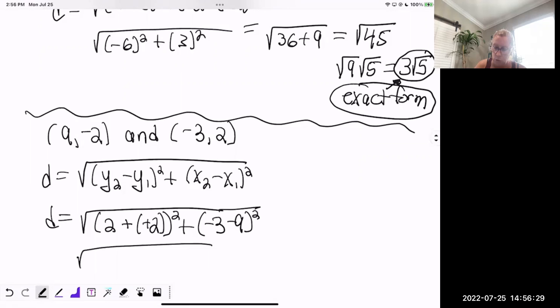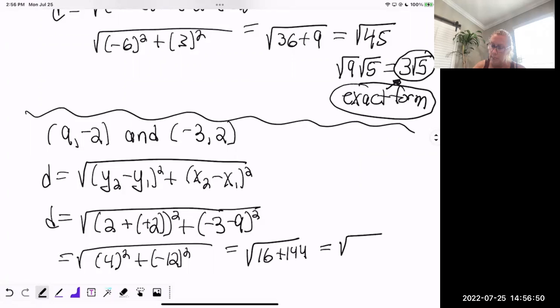So it's equal to 4 squared plus -3 and -9, that's -12 squared. I can simplify because 4 squared is 16 and 12 squared is 144. If I add them together, I get 160.